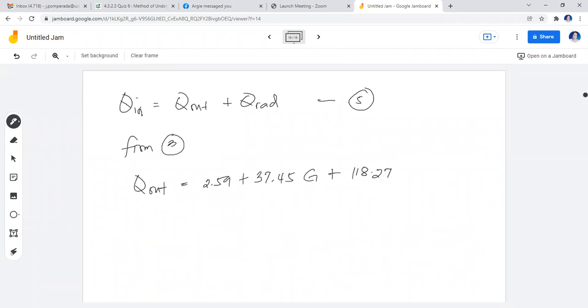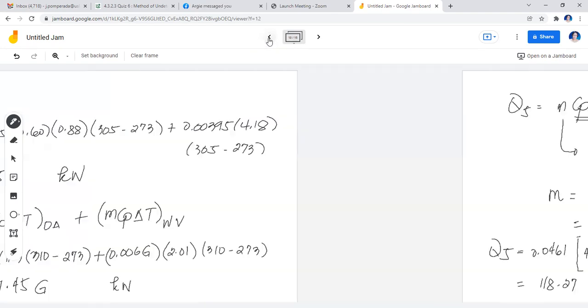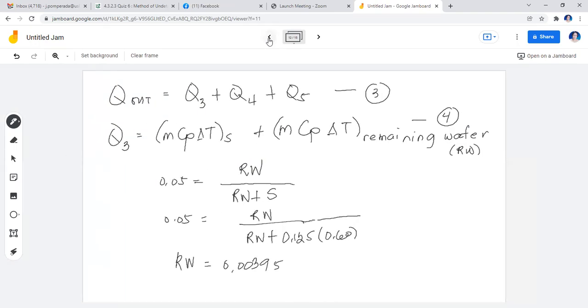This is your Q out. Can you please add? I did not add it. You only need to add 2.59 and 118.27. So you have 120.86 plus 37.45 G, and you equate Q in to this value and radiation loss.